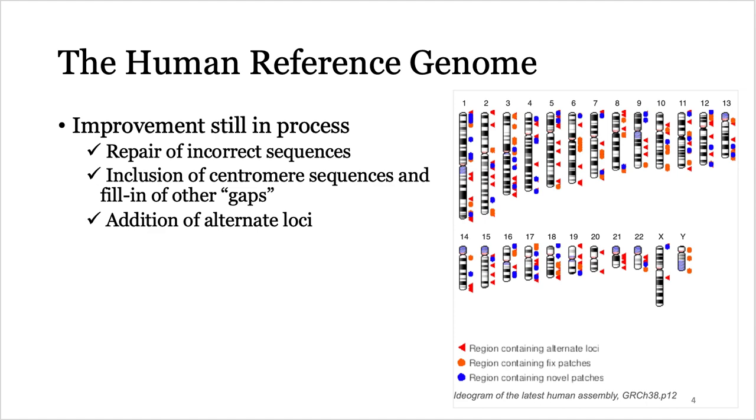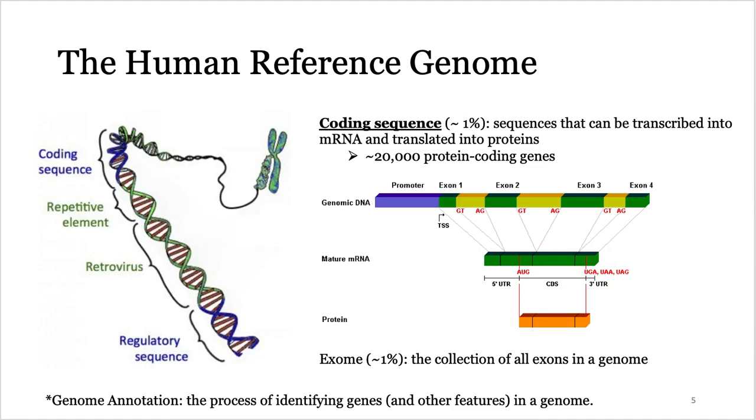One major task of the Human Genome Consortium is DNA sequencing, the process of determining the sequence of nucleotides in DNA. Another major task is to annotate those sequences. You have those letters, but what do those letters mean? This is genome annotation.